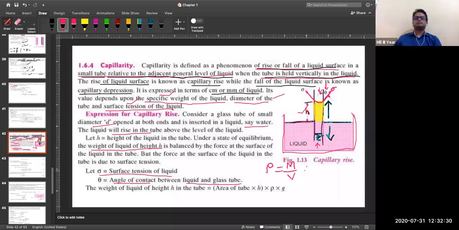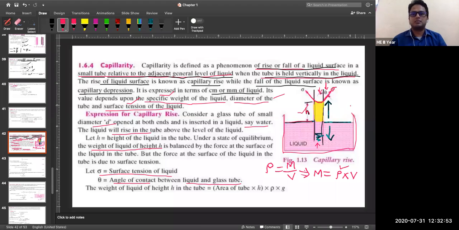From here we will calculate mass. From this expression, mass will be equal to density into volume. Density is known, rho. Volume: this is a cylindrical tube.